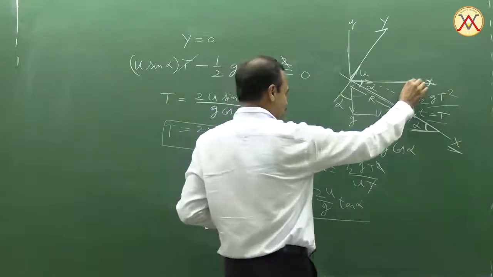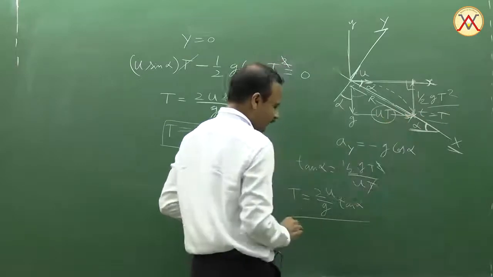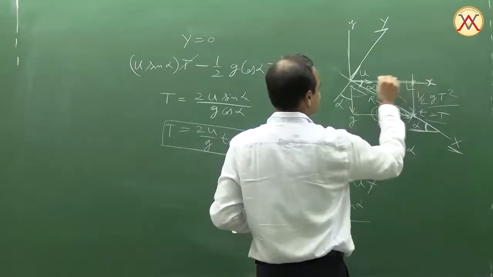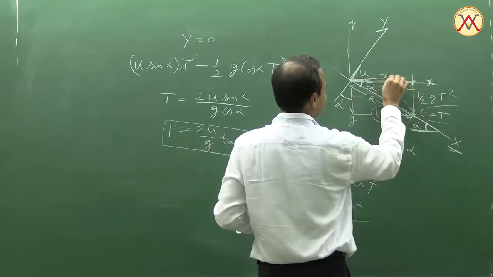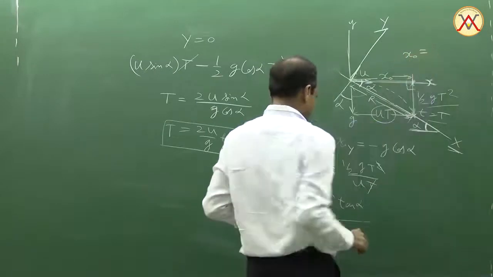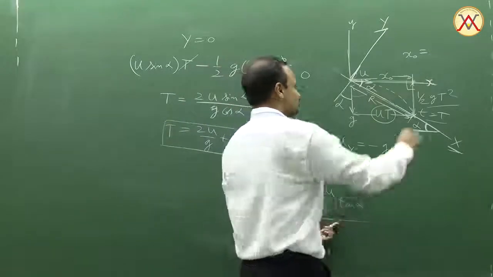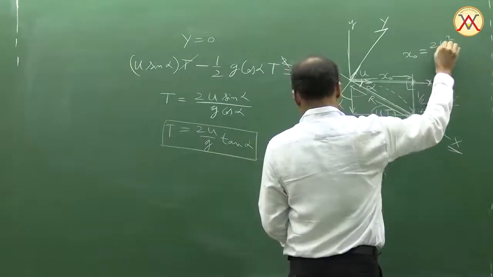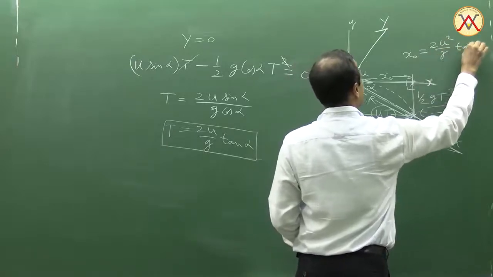What will be the x coordinate when it hits the incline? It is u into T. So let me write this as x naught. This x naught will be capital T multiplied by u. So it becomes 2u square by g tan alpha.